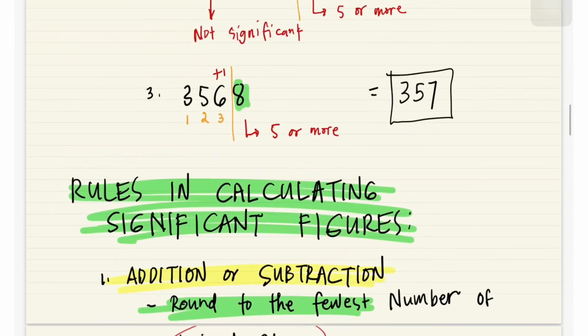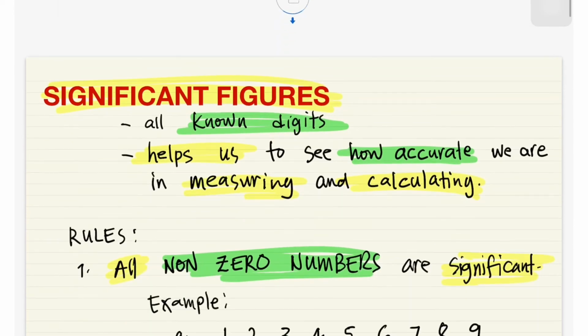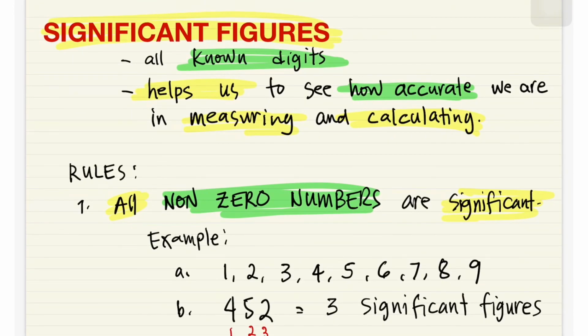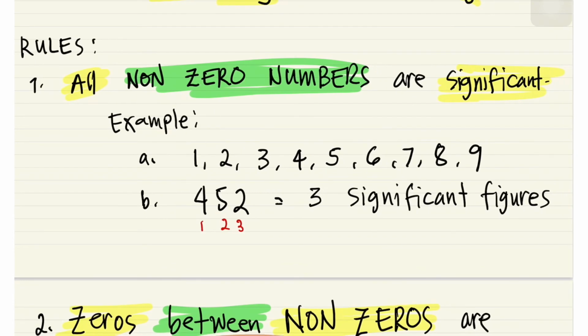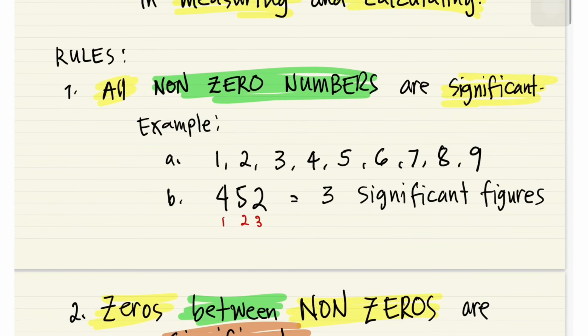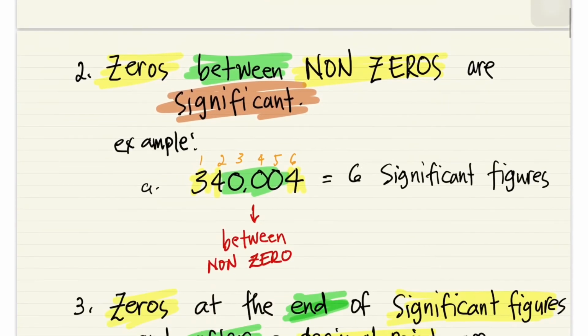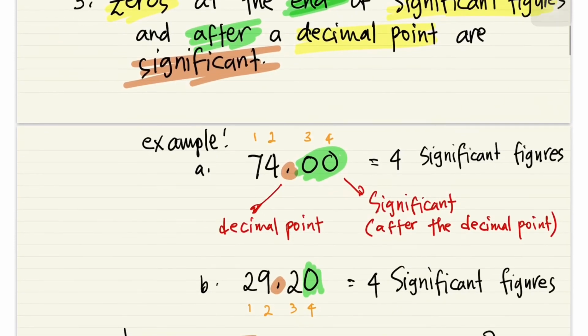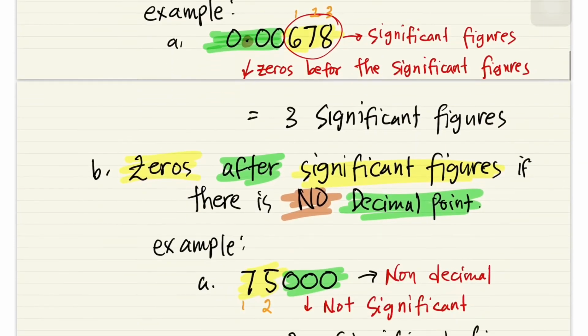There you go, guys. First we defined what significant figures are, and then we determined the 3 rules to determine whether figures are significant, and also when a figure is not significant, with 2 rules to follow.